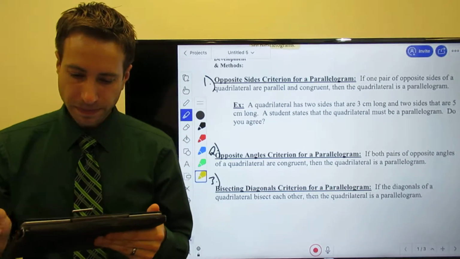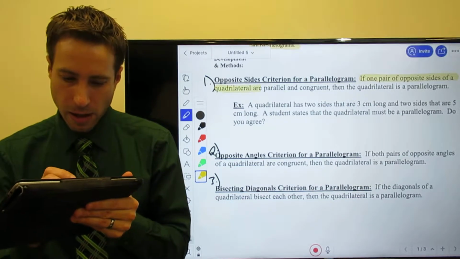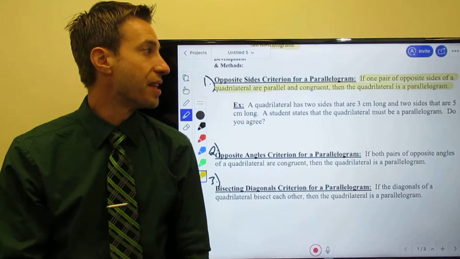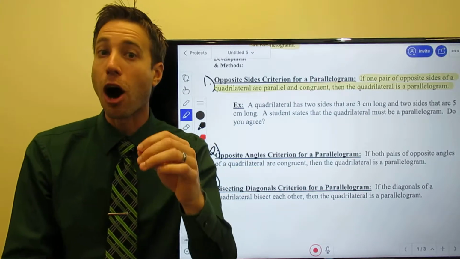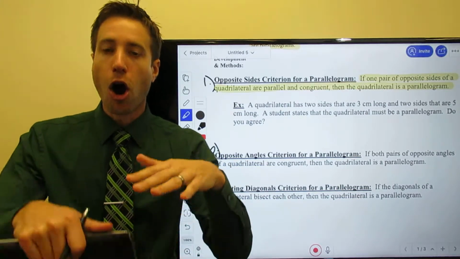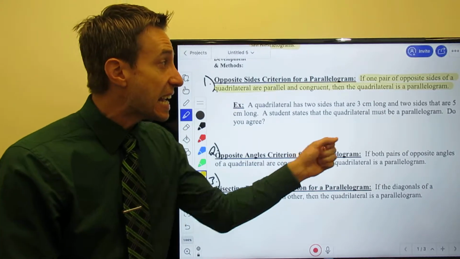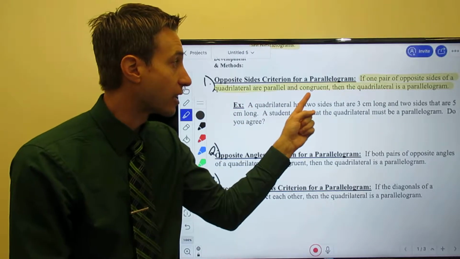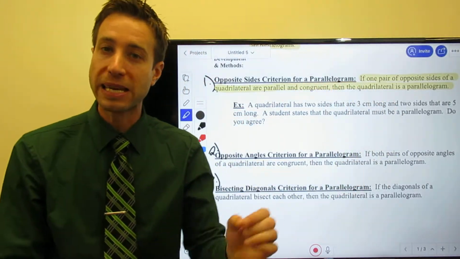Here's the first one. If one pair of opposite sides of the quadrilateral are parallel and congruent, then the quadrilateral must be a parallelogram. In the last section, we talked about the fact that opposite sides of a parallelogram are parallel and congruent. So, if you know opposite sides are parallel and congruent, then the quadrilateral must be a parallelogram.